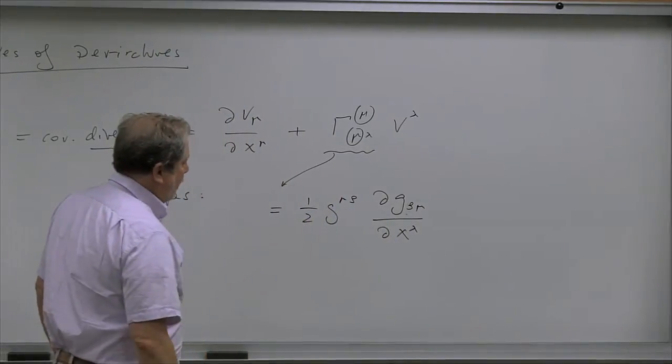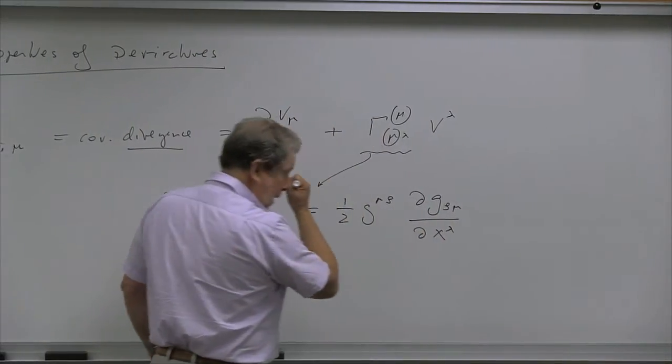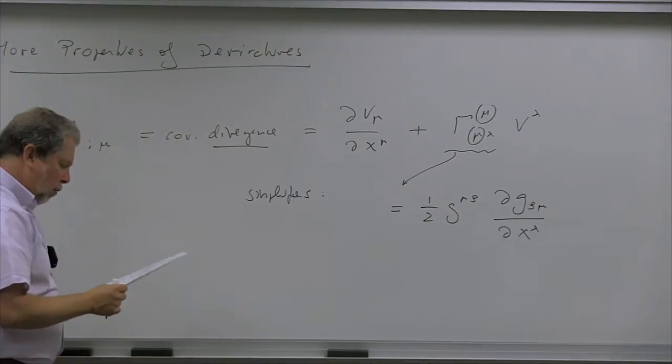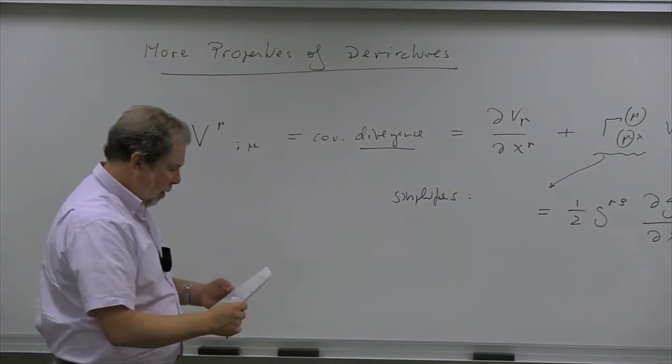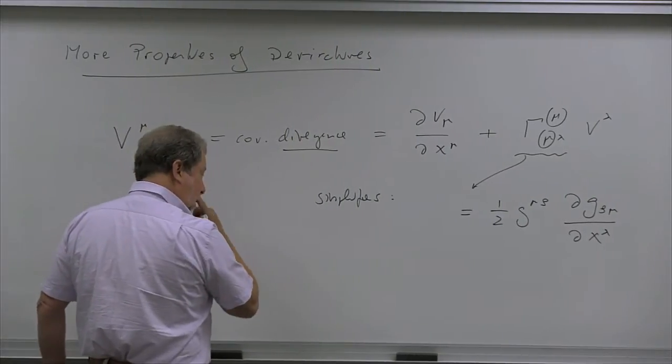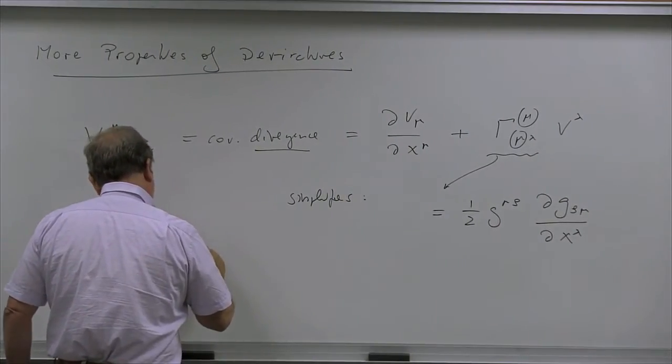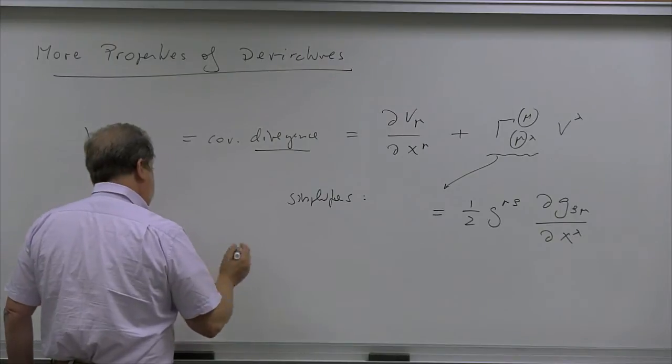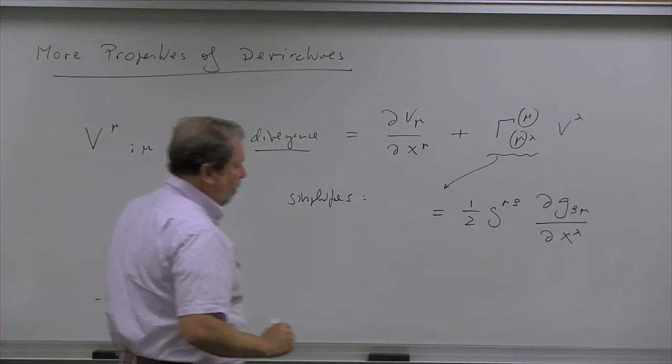So you notice that the two indices are in fact the same. That can be simplified quite a bit more, and we will not go into that, because it uses the fact that you can prove that it can be written in terms of the determinant of the metric.